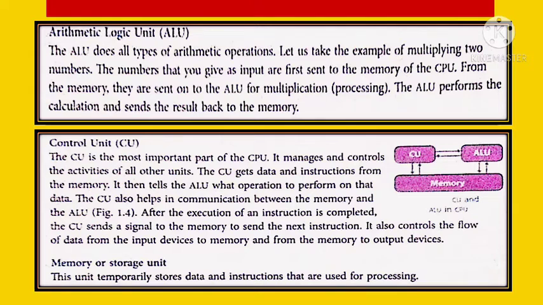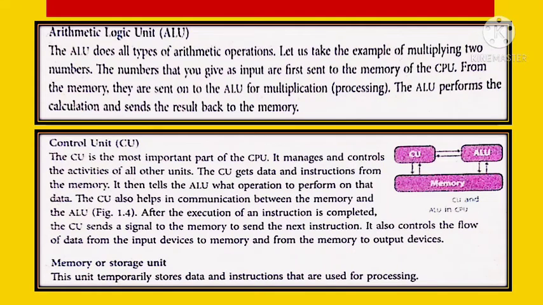The CU also helps in communication between the memory and the ALU, as you can have a look in the image. After the execution of an instruction is completed, the CU sends a signal to the memory to send the next instruction. So it sends a signal to the memory for the next instruction. It also controls the flow of data from the input devices to memory and from the memory to output devices.